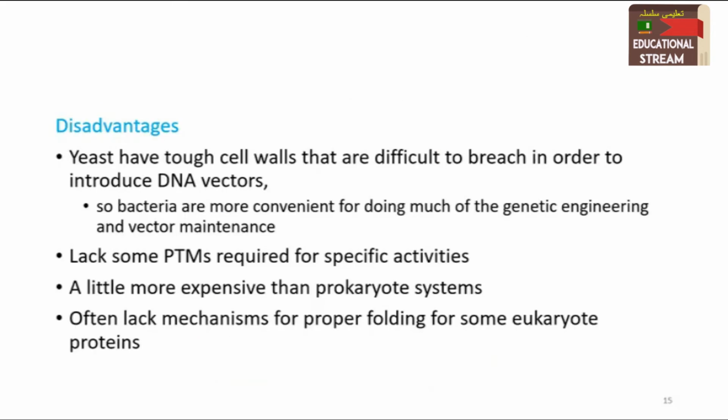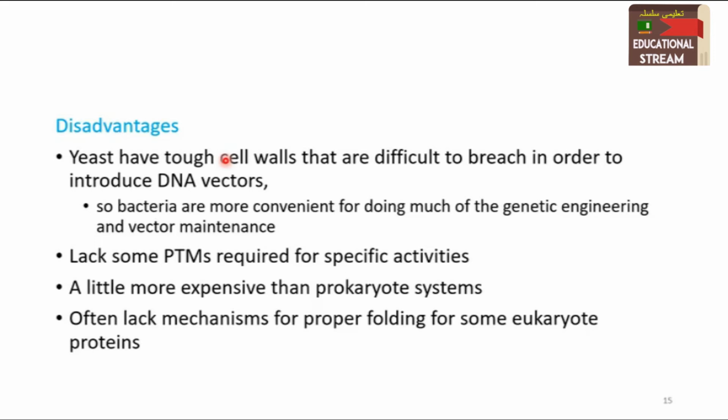There are some disadvantages associated with the yeast expression system, one of which is that yeast have a tougher cell wall than bacteria, and it is difficult to introduce the DNA vector into the yeast cell. Just like in bacteria, when we want to transform the DNA vector into the bacteria, we use the phenomena of electroporation or heat shock.